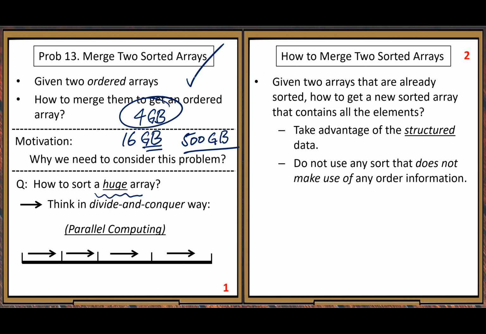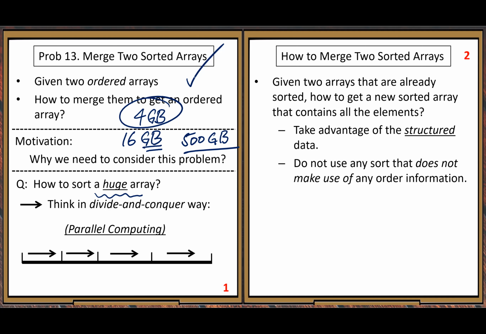Now we have learned several sorting algorithms: selection sort, bubble sort, insertion sort, right? In those sorting algorithms, some of them do not take advantage of the order information. Look at the selection sort.